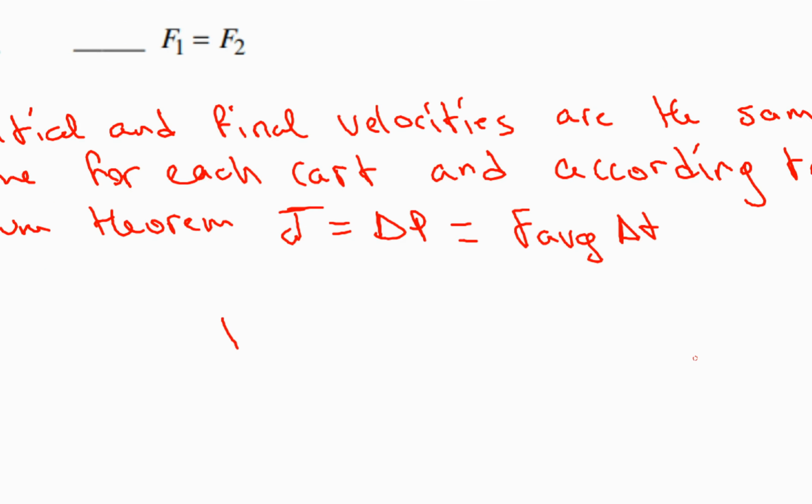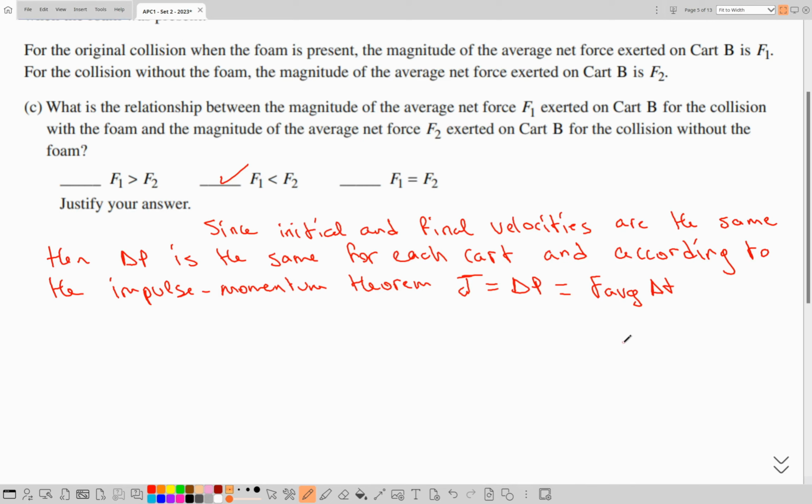Remember that the impulse is given by the integral of F dt, and this also can be written as F average multiplied by delta t. So because delta P is the same, which means that J is the same, then as delta t decreases, F average increases.